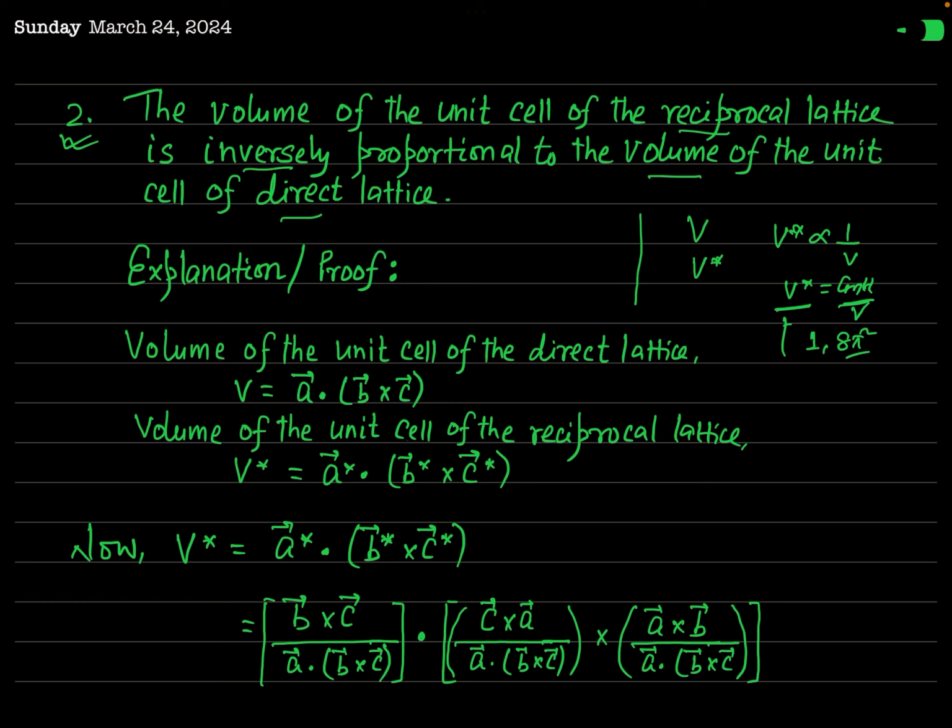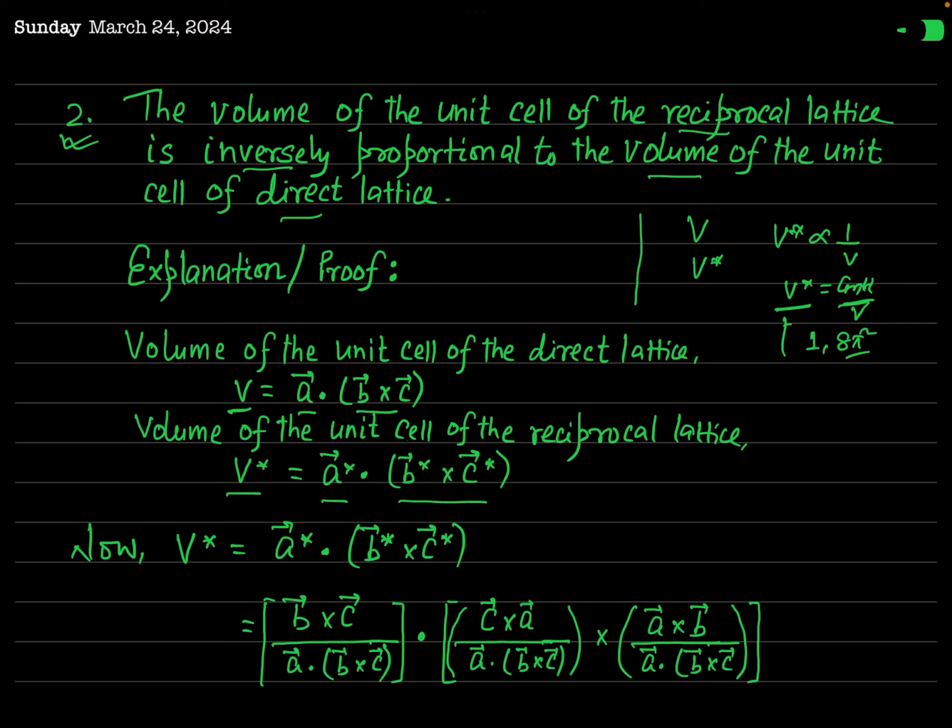I have considered that V is the volume of the direct lattice and A, B, C are the primitive translation vectors of the direct lattice, and then you know that the volume of the unit cell is given by A dot B cross C. Similarly, if A star, B star and C star are the primitive translation vectors of the reciprocal lattice, then the volume V star of the unit cell of the reciprocal lattice will be A star dot B star cross C star.